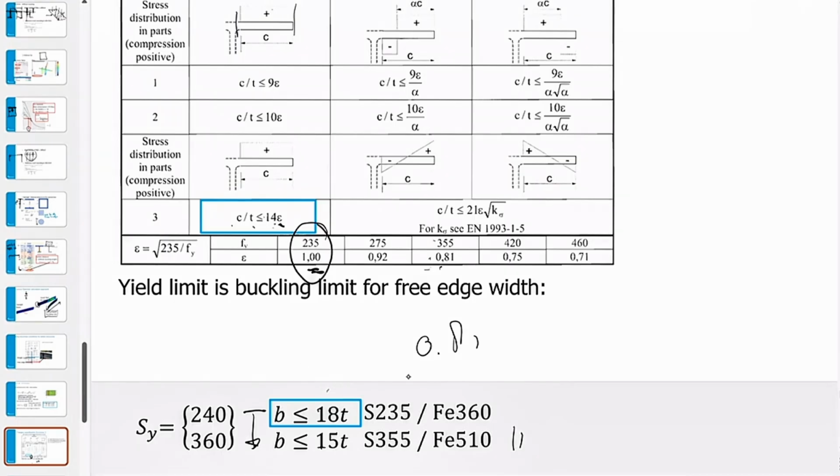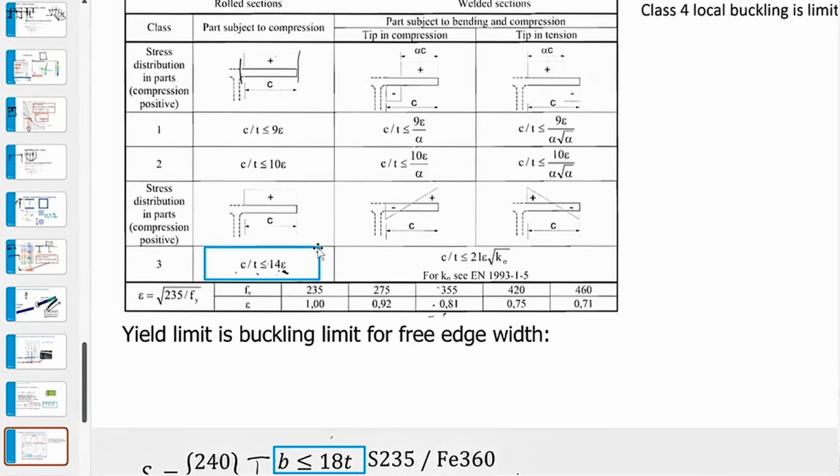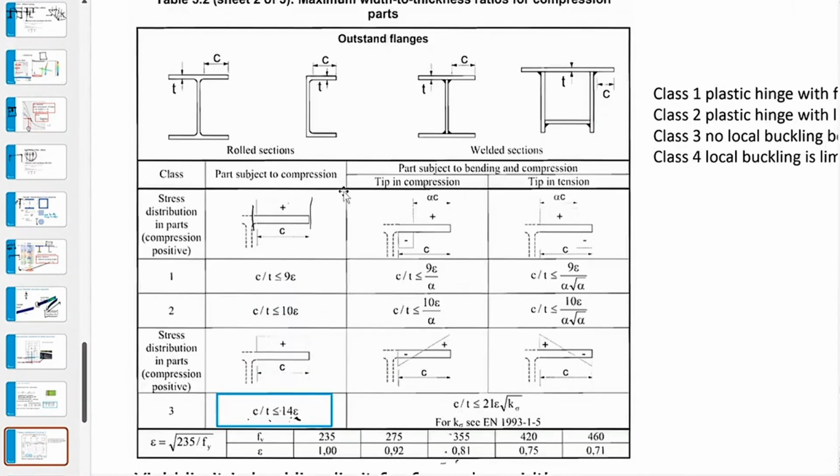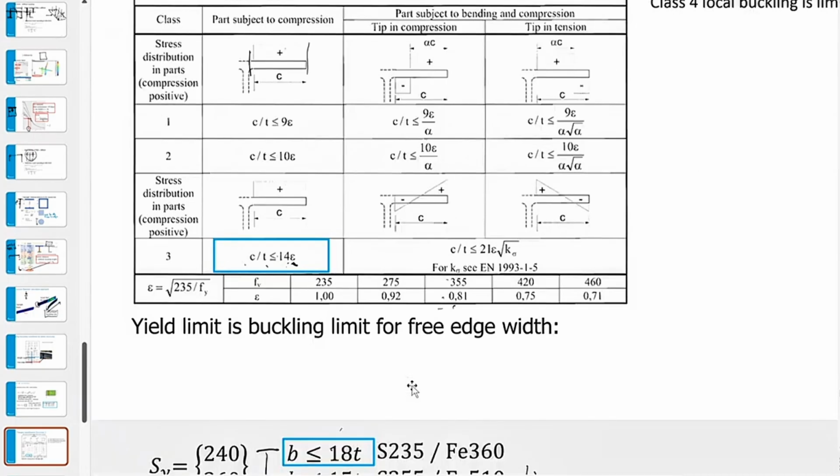Although the Eurocode takes into account also the effect if you do not have a constant compression but some kind of stress variation over the beam or over the flange itself, the idea is the same.